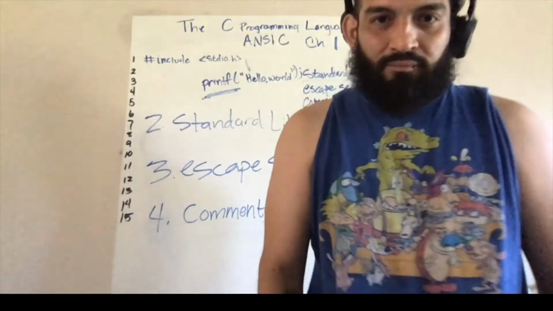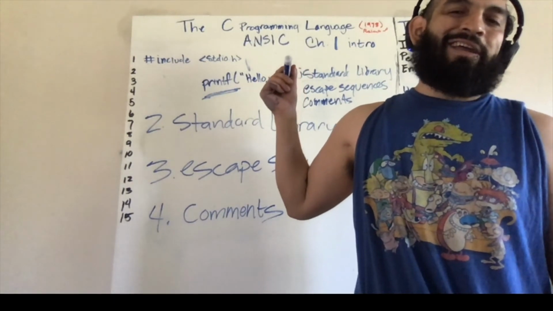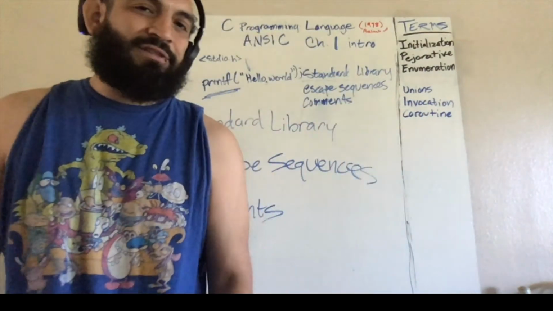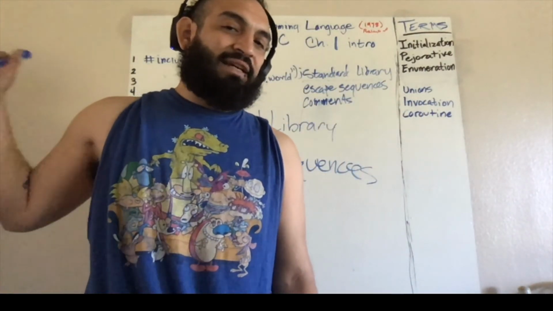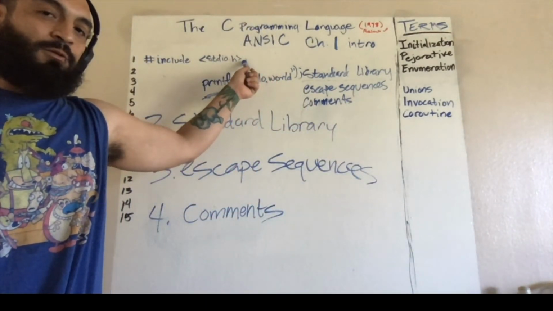Printf, standard library, and again, it's kind of like a toolbox. Printf is a tool that you're going to use within that toolbox that's inside the standard library that you reference at the beginning of every single one of your programs.